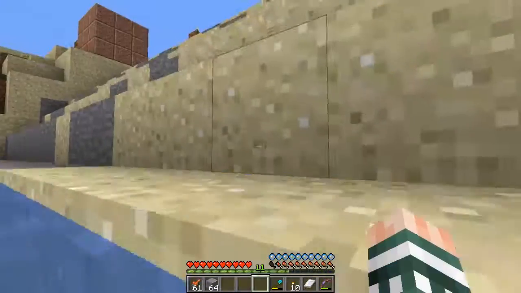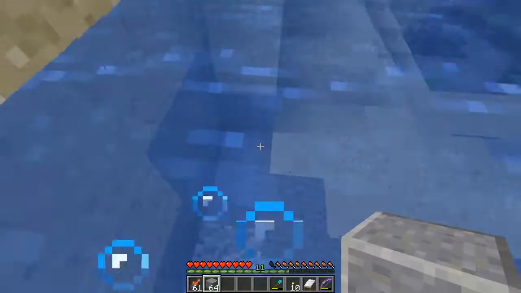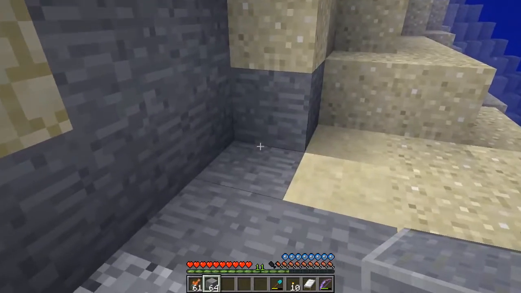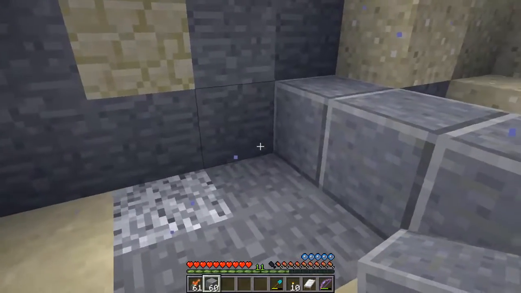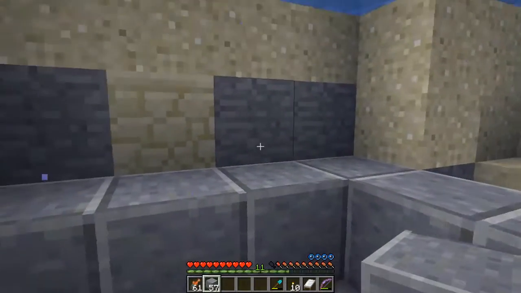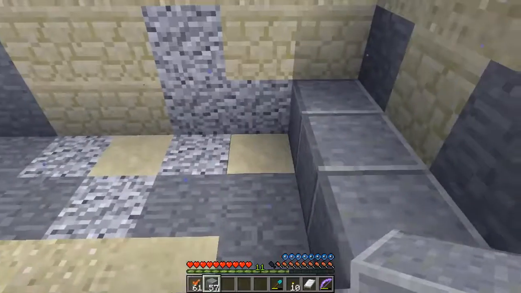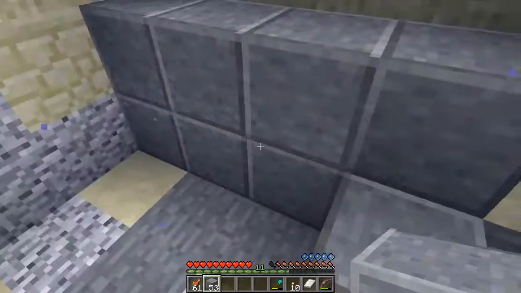The corners for the time machine are all going to be made out of polished andesite, and it'll be moving as such: 1, 2, 3, 4. So therefore 4 in each direction like that. And I'm going to make these 3 high.